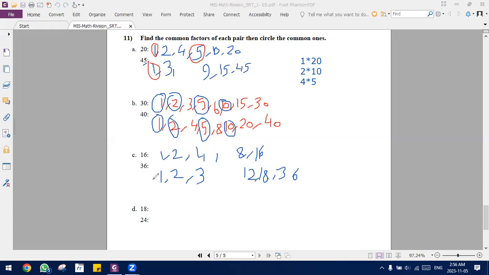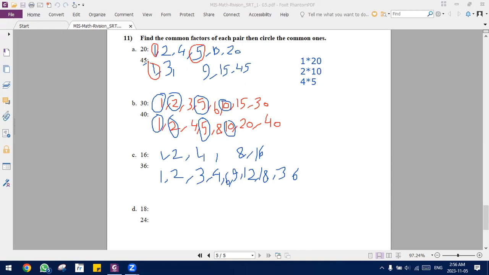We divide by 2 two times. So 36 divided by 2 is 18. Now 18 divided by 2 is 9. So we can divide by 4. What is it? It's 9. And then 5 I can't. 6? Yes, of course. Because 6 times 6 is 36.